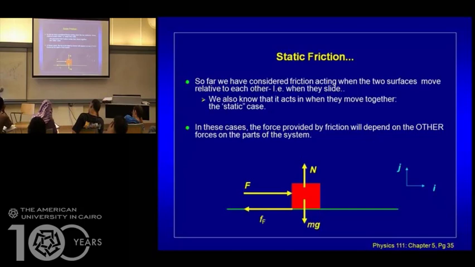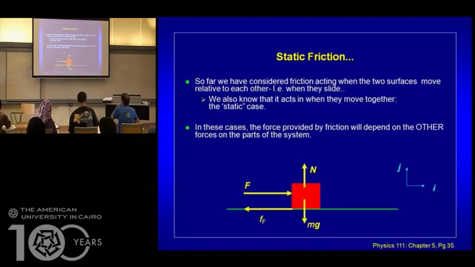Along the y-axis, Newton's second law gives N equals mg cosine theta, you're right, I'm sorry. Then mg sine theta minus mu times mg cosine theta equals 0. So mg sine theta equals mu times mg cosine theta.